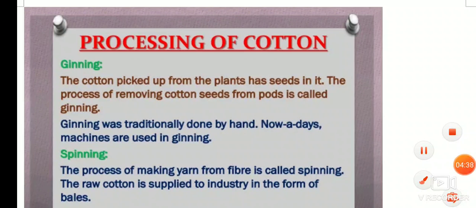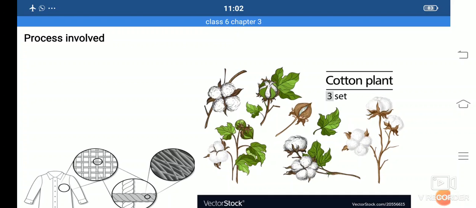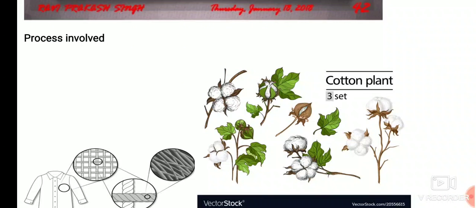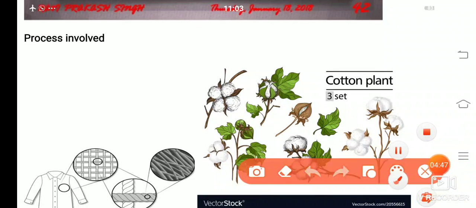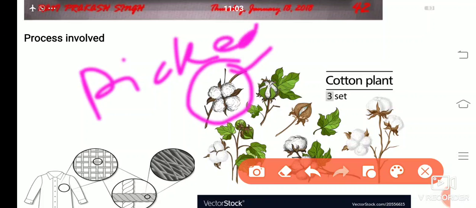Here you can see the cotton balls also. Here is the cotton plant, and here are the cotton balls, right? So these cotton balls have been picked up from the cotton plant, right?